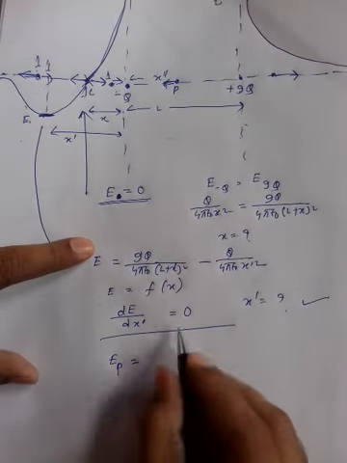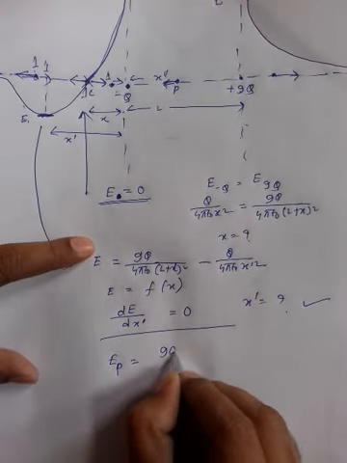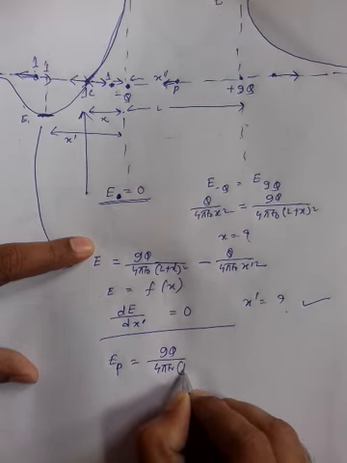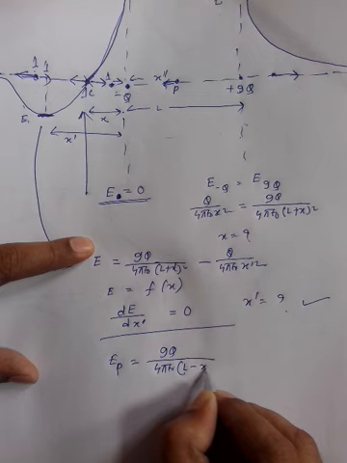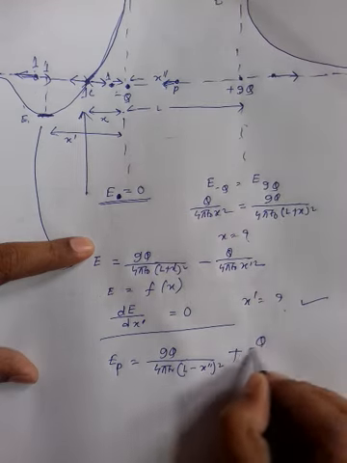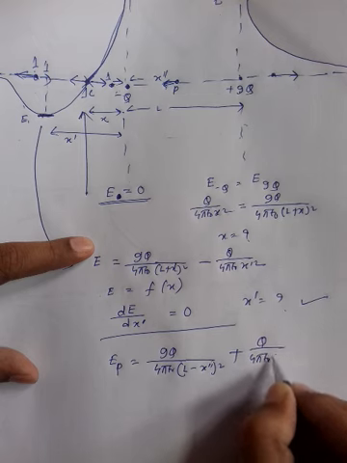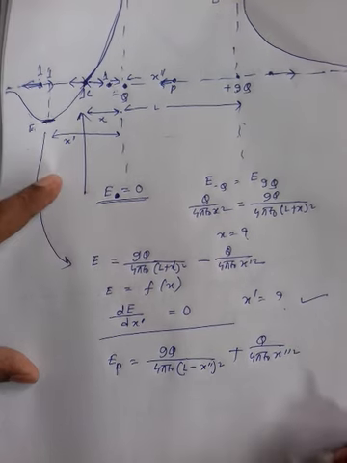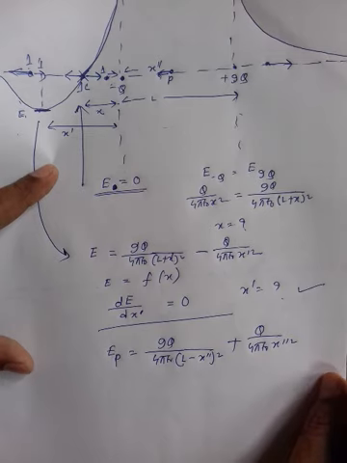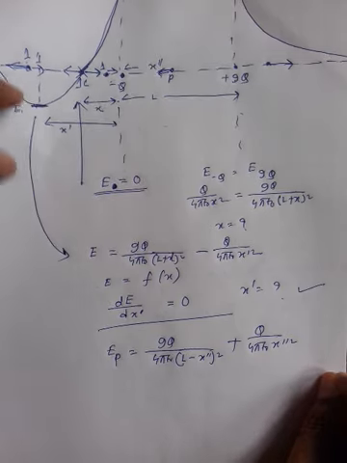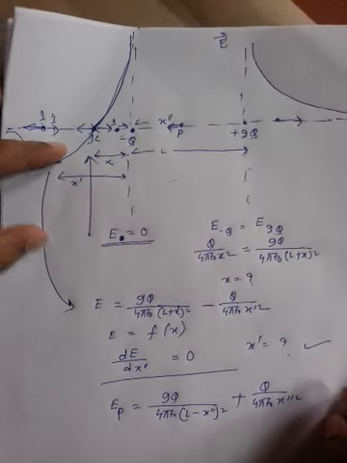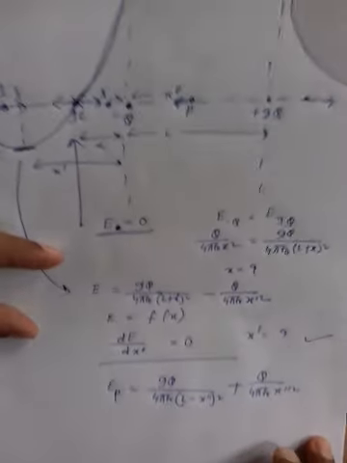The field at point P, if you write, is 9q divided by 4 pi epsilon naught L minus x double dash square, plus, because they are on the same side, q by 4 pi epsilon naught x double dash square. Already we discussed this point. In case of finding field, direction should be considered separately and value separately. Even if the charge is negative, there is no need to write a negative sign on the value of the field.